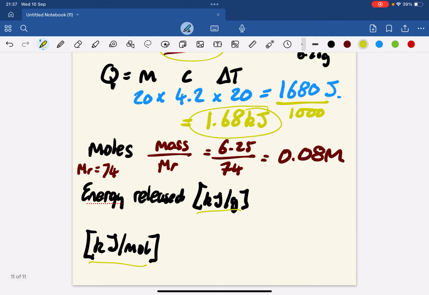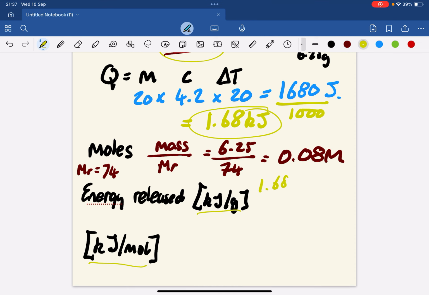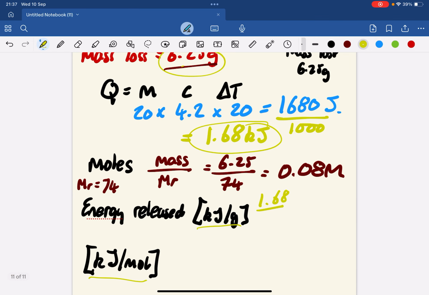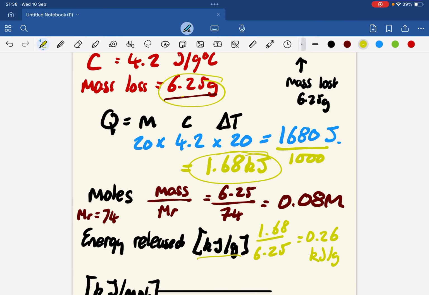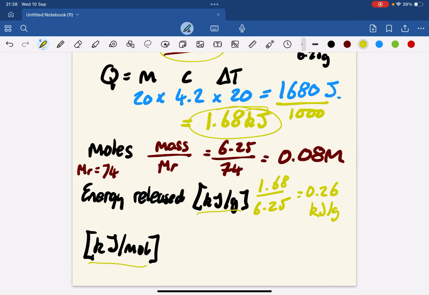So 1.68 divided by 6.25, which gives us 0.26 kilojoules per gram. So we've got our energy released in kilojoules divided by our mass.